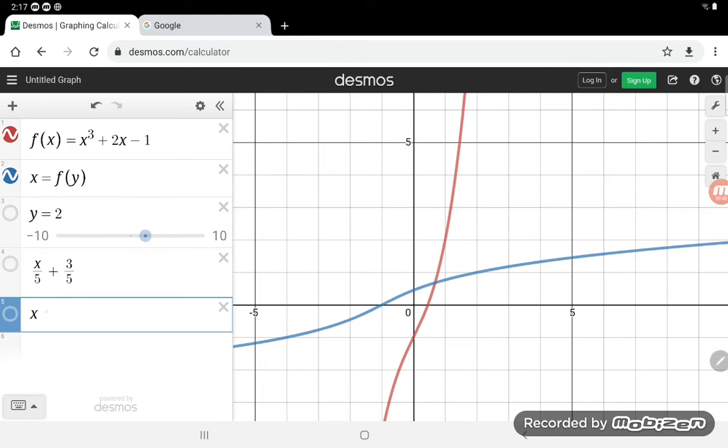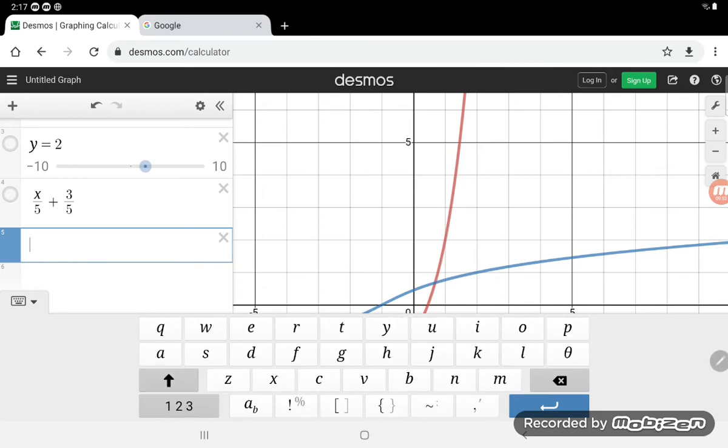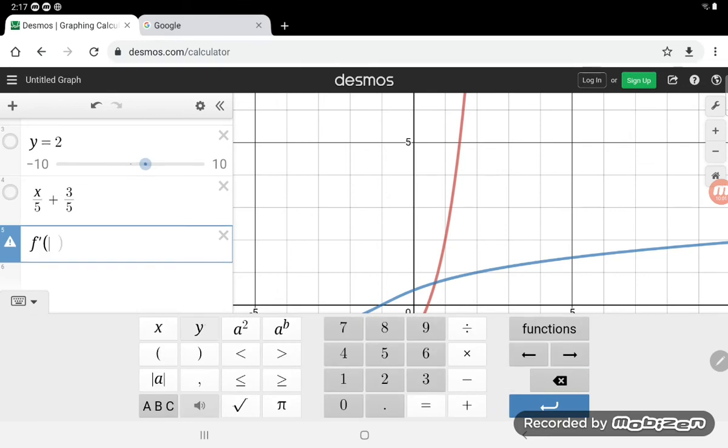Let's go in here and I'll get rid of the x, and what happens if I say f prime of y? I've never done this before. I have no idea what'll happen.